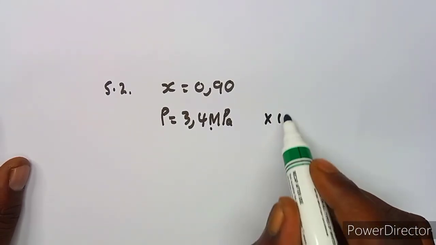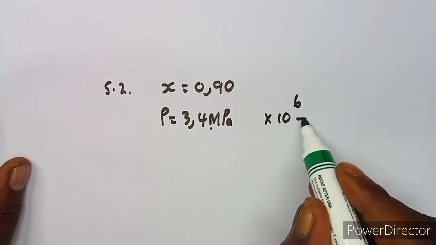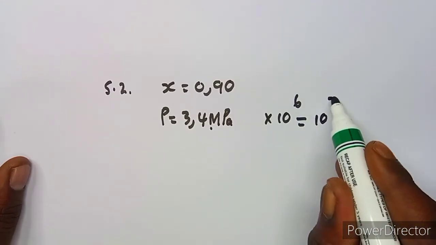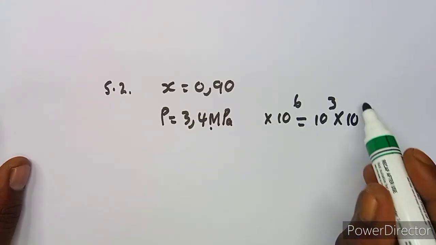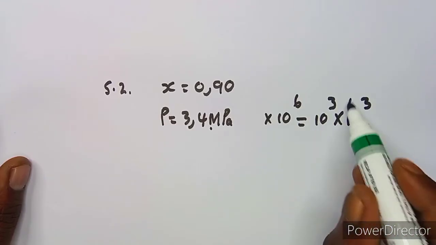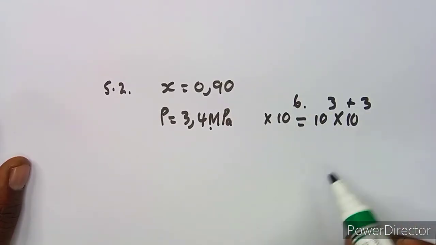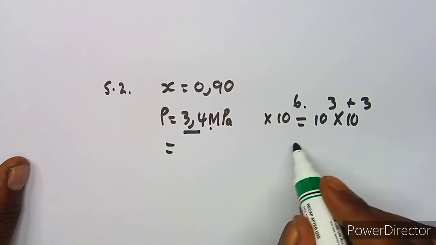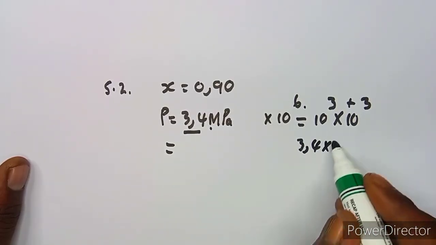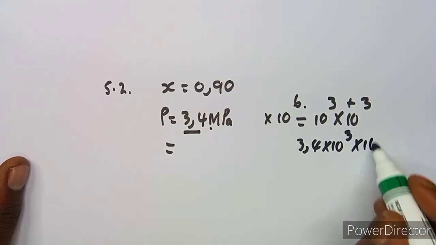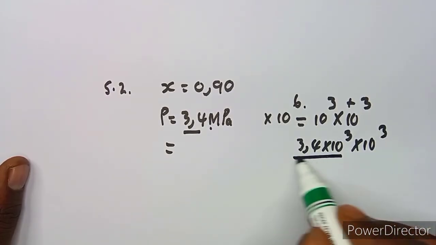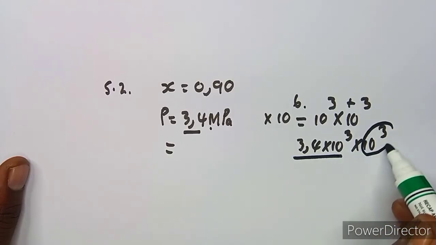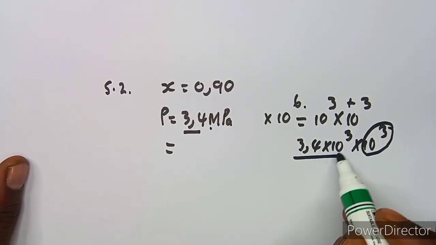Remember, mega is 10 to the power 6, which means 10 to the power 3 times 10 to the power 3. When you are multiplying, you add 3 plus 3 is 6. So it means this can be 3.4 times 10 to the power 3 times 10 to the power 3. This one is supposed to remain in kilo, so you're going to work with one of these.